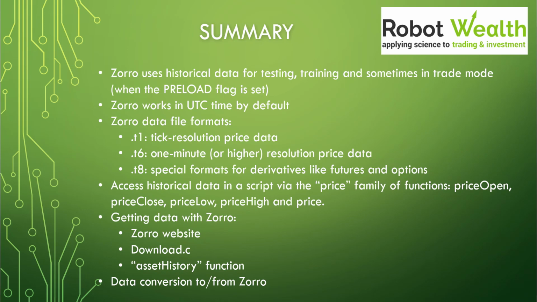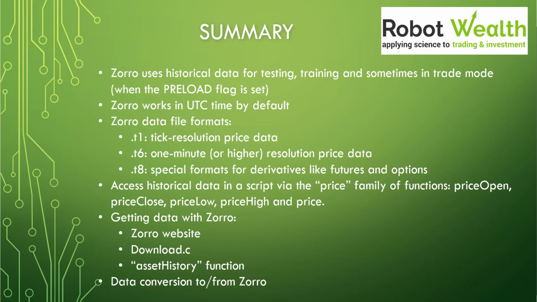And I mentioned that Zorro can also get data from other sources via the assetHistory function. Finally, I also showed you that we can convert Zorro's data to CSV format for use elsewhere, and that we can convert arbitrary CSV data to a format Zorro can understand, using scripts that come bundled with Zorro.